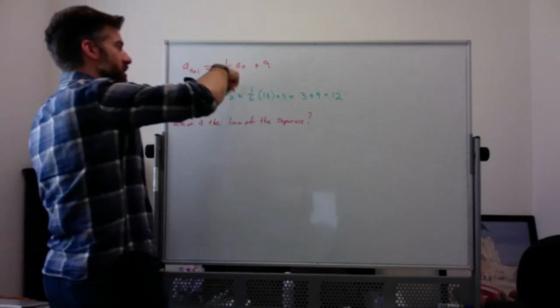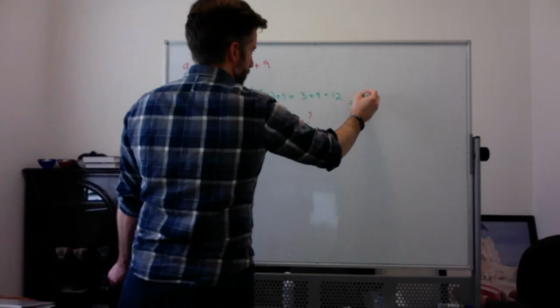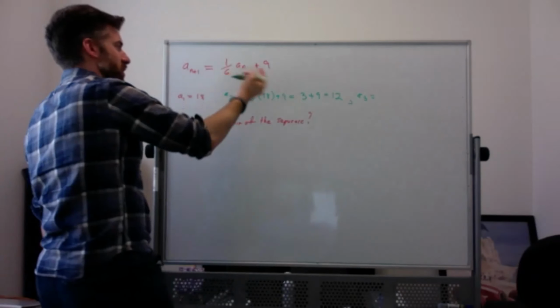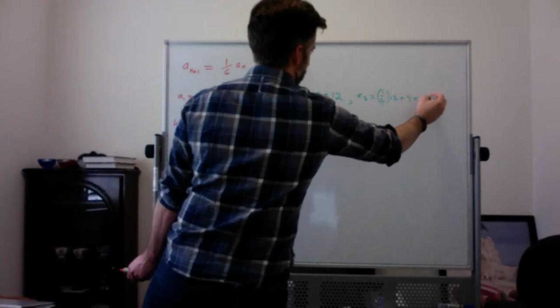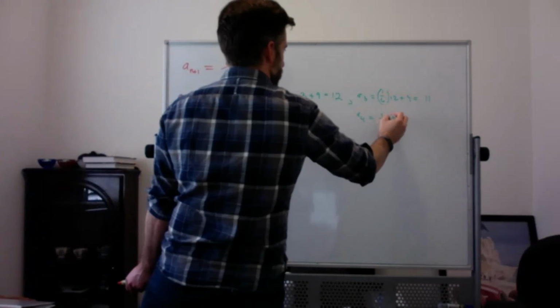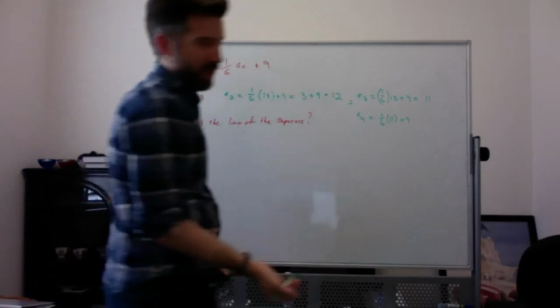And then we can plug that in to find a sub 3. A sub 3 would be 1/6 of 12, which is 2, plus 9, so that's 11. And then a sub 4 would be 1/6 of 11 plus 9, which isn't very nice.